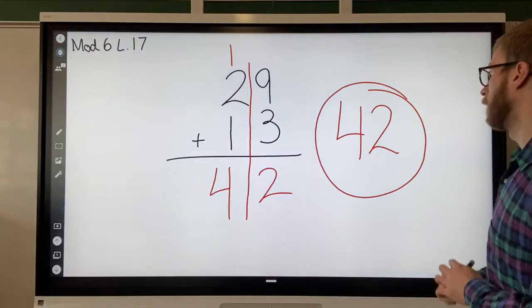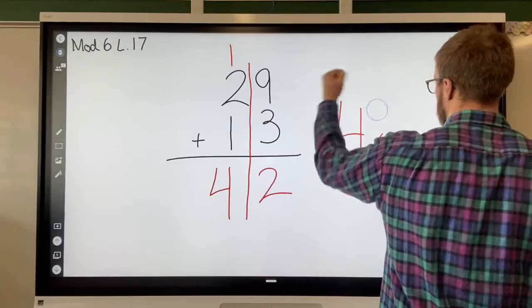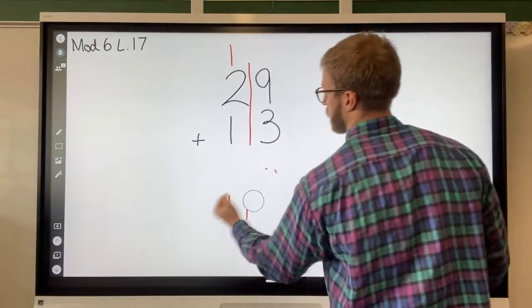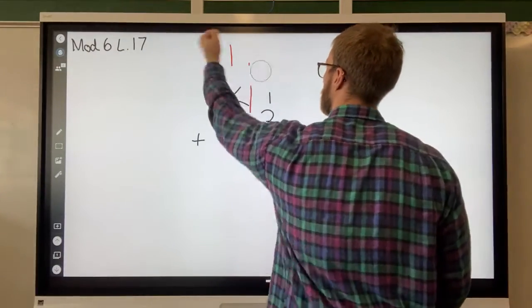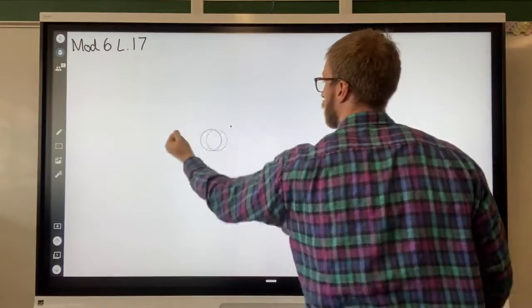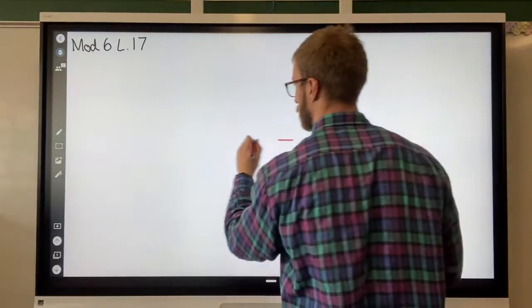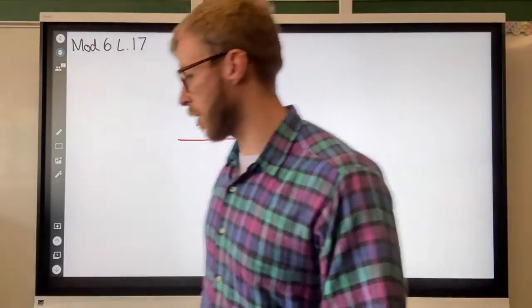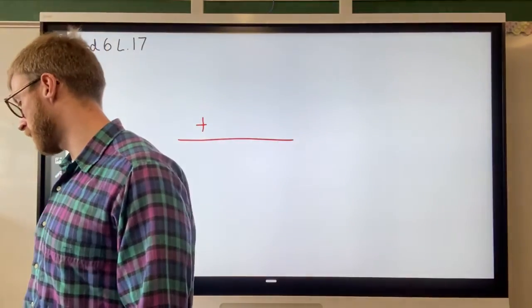Awesome. All right. I want to keep doing that. We're going to run through a couple of these today, so I want us getting our practice in. I'm going to start this one out by writing the equal sign and the plus sign. Why don't we go ahead and write a big equal sign and plus sign right now.